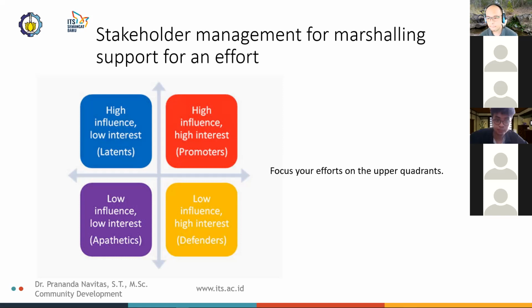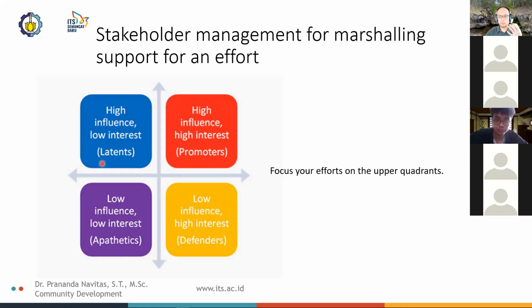Where was I? High influence, low interest people. You have to approach them, you have to keep them informed, you have to keep in touch with them over time, offer them opportunities to weigh in on issues, to give their opinion or their thoughts on an issue relating to the effort, and demonstrate to them how the effort will have a positive effect on issues and populations they're concerned with.